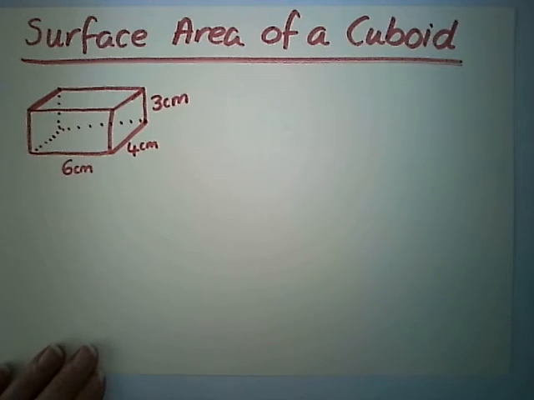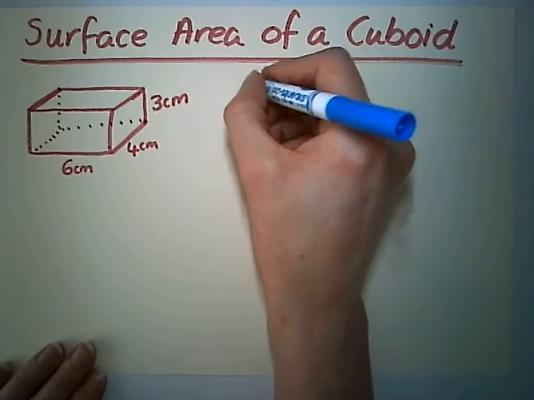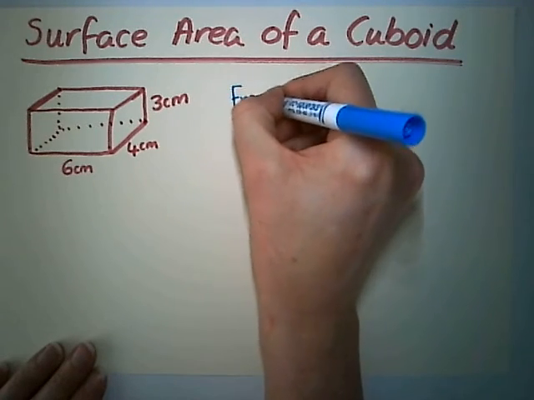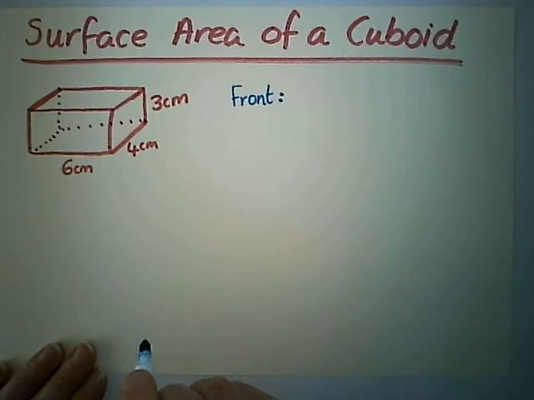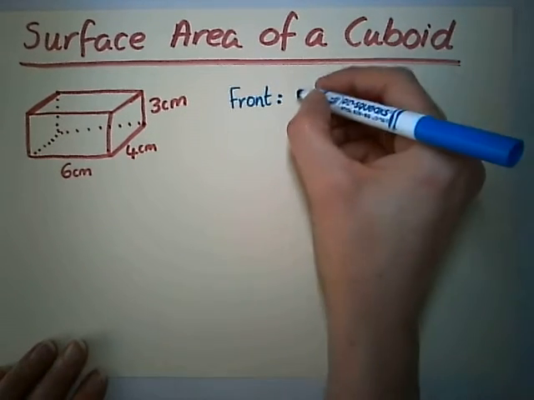So you can start with whatever you wish. We will start with the front. So to find the area, you should know it's always length times breadth. So area equals length times breadth.